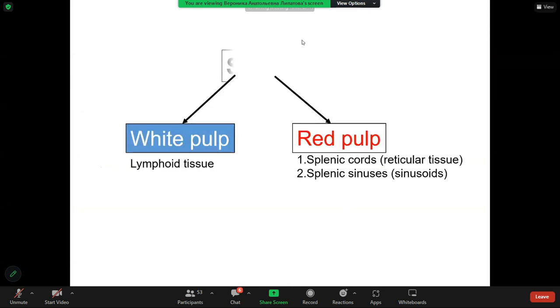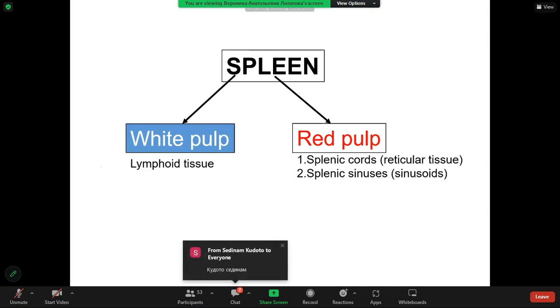We divide this organ into white pulp and red pulp. White pulp is lymphoid tissue. That's why the term white is term of anatomists.